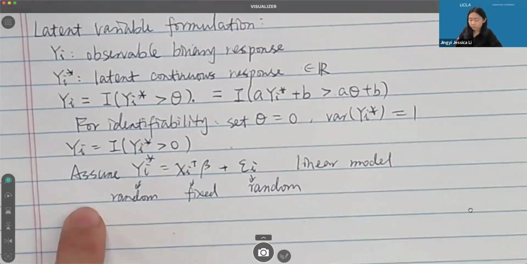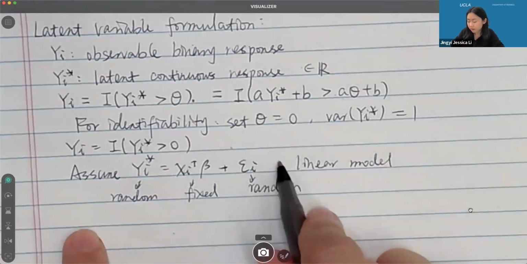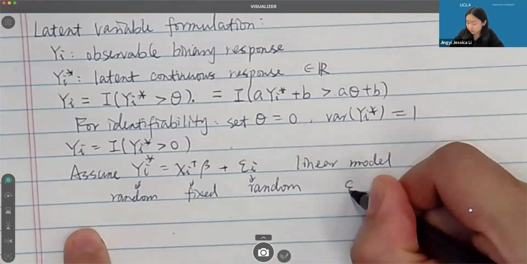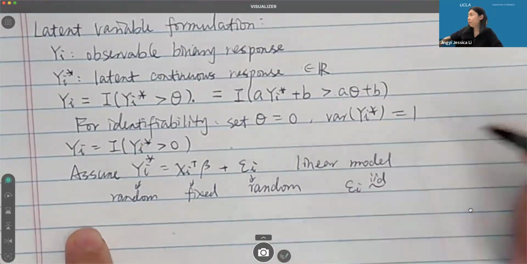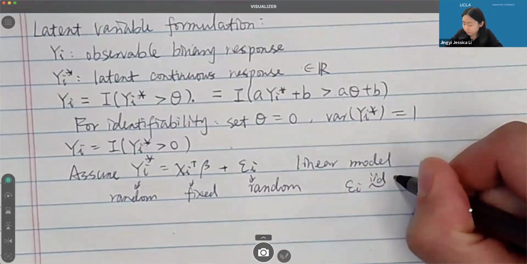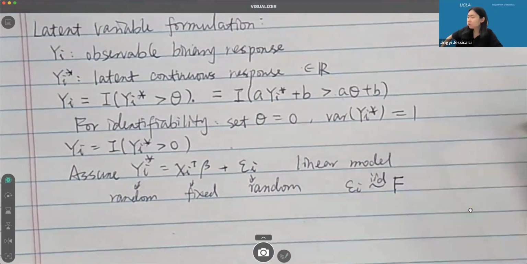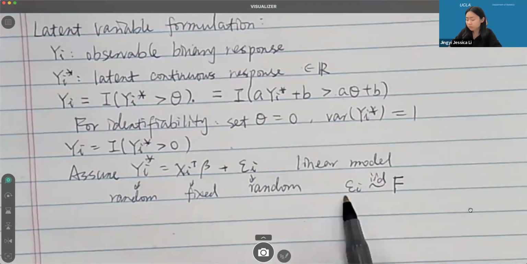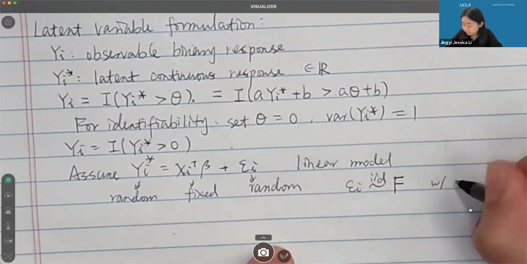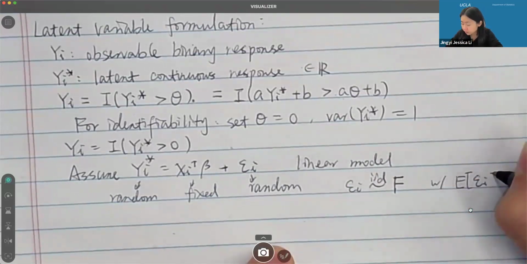Okay, so normally as random variables for the error term, we want to assume that epsilon i's are IID following some distribution. And remember, for the linear model, that distribution is assumed to be normal with a constant variance. But here we want to be more general. So we set it to be some distribution F. But in most cases, we assume the mean of epsilon i to be 0.